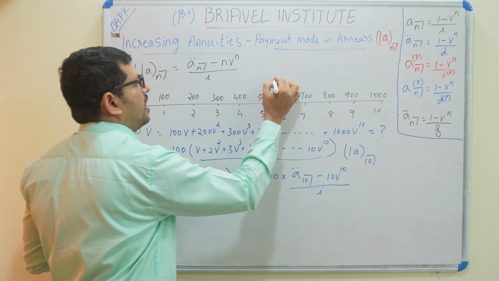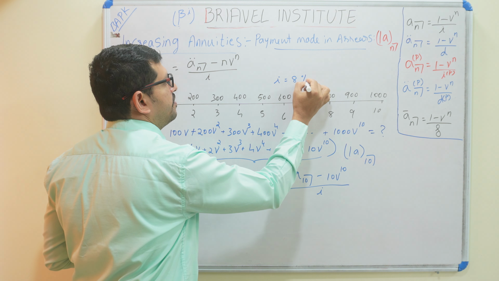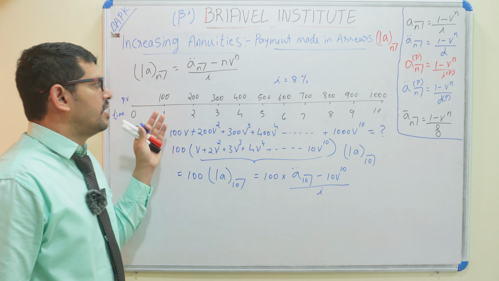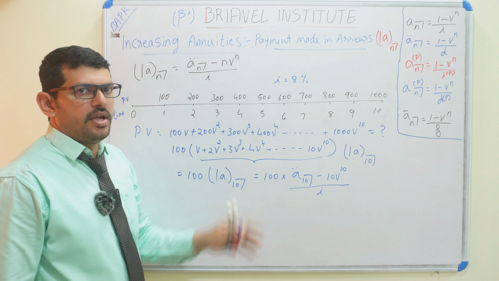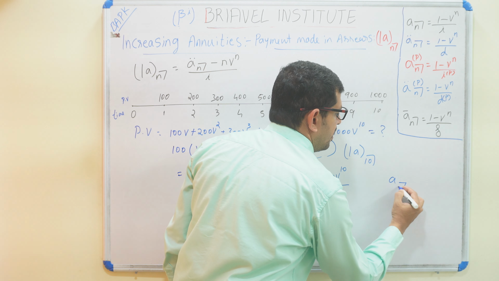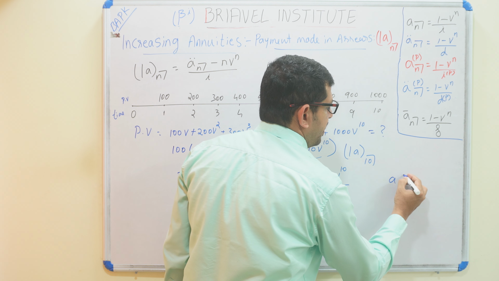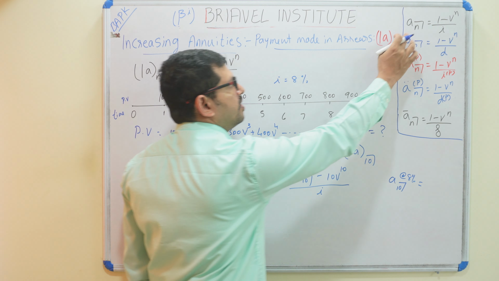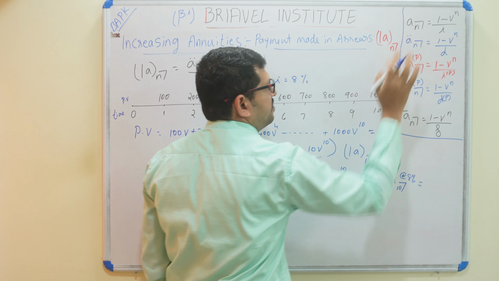Now I am saying that i is equal to 8% effective. So how to find ä 10? We need to find it at 8% interest from the table, or use this formula: 1 minus v raised to n divided by i.